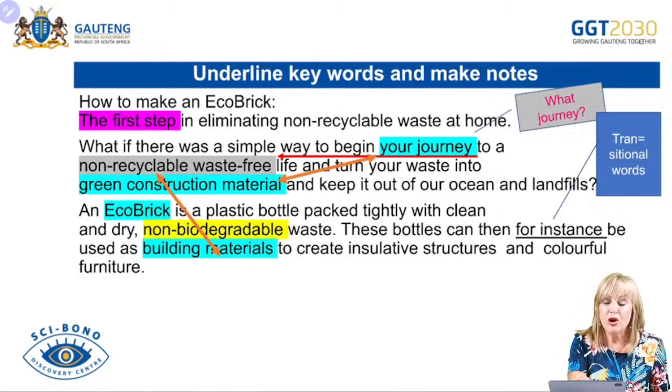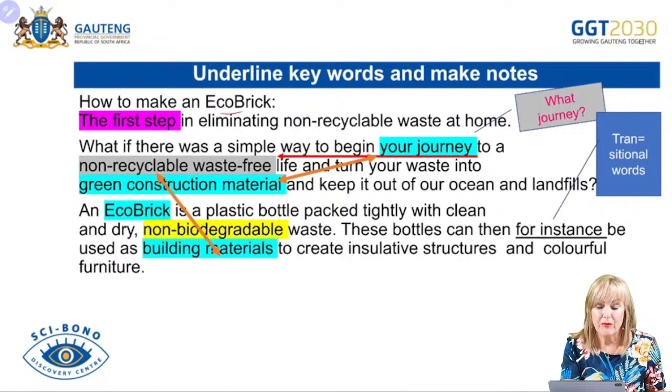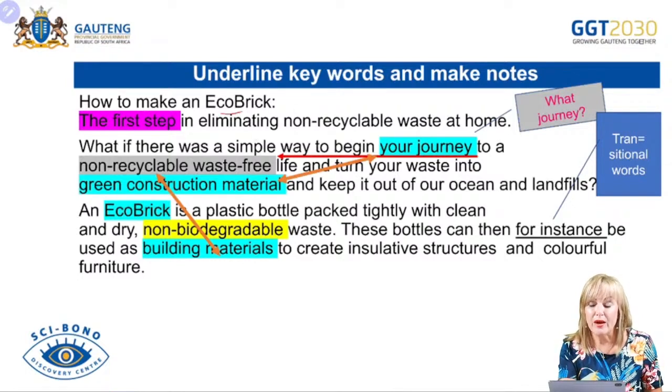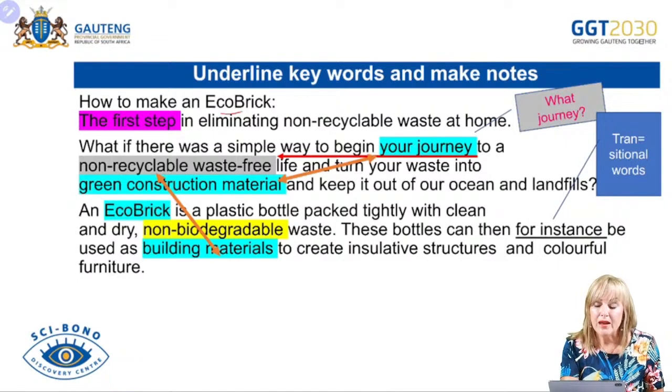So now you don't know what the meaning is of an eco brick. But here they explain to you that you make an eco brick, or you use an eco brick, to get rid of non-recyclable waste at home. Then they explain the journey. Now you try to find the link to the journey. To green construction material. So we want to build something with green material.